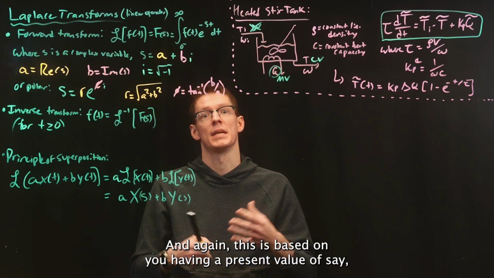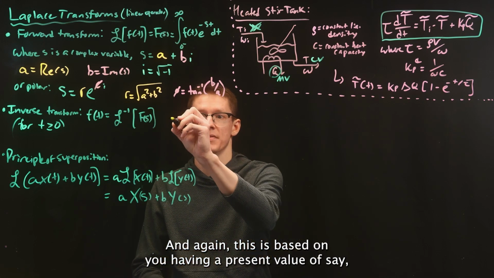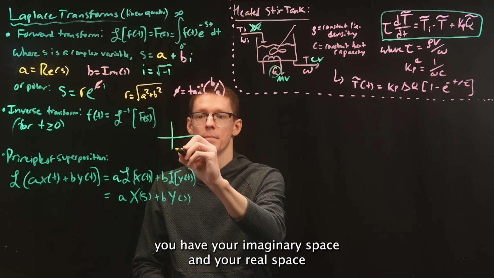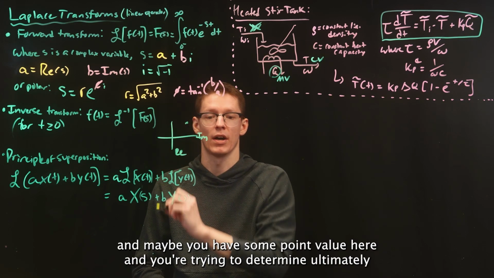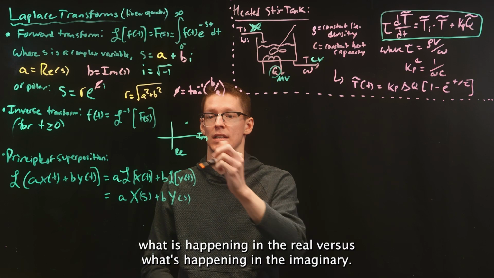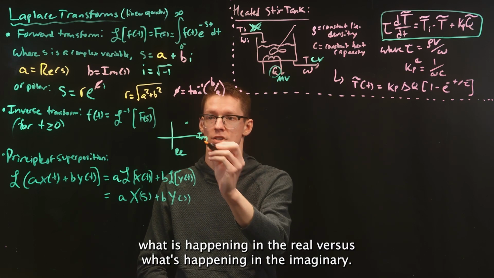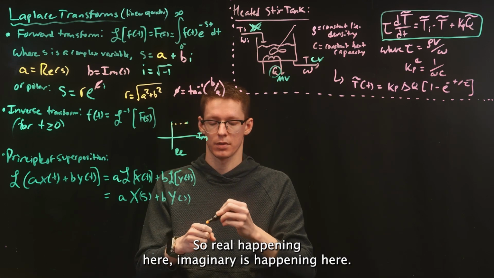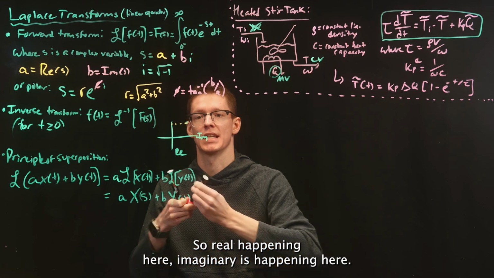And again, this is based on you having a present value of, say, your imaginary space and your real space, and maybe you have some point value here, and you're trying to determine ultimately what is happening in the real versus what's happening in the imaginary. So real is happening here, imaginary is happening here.